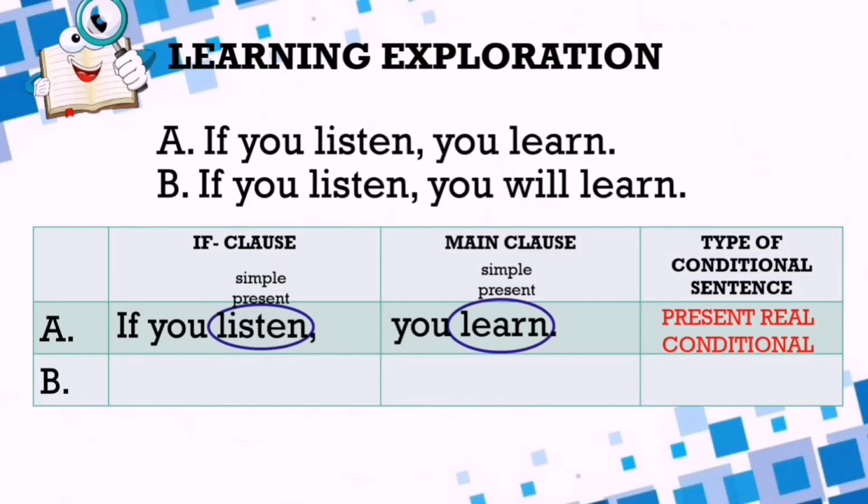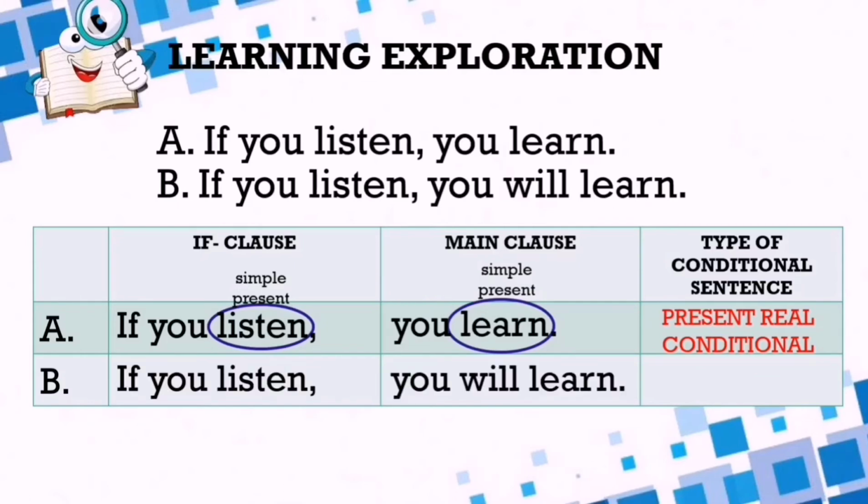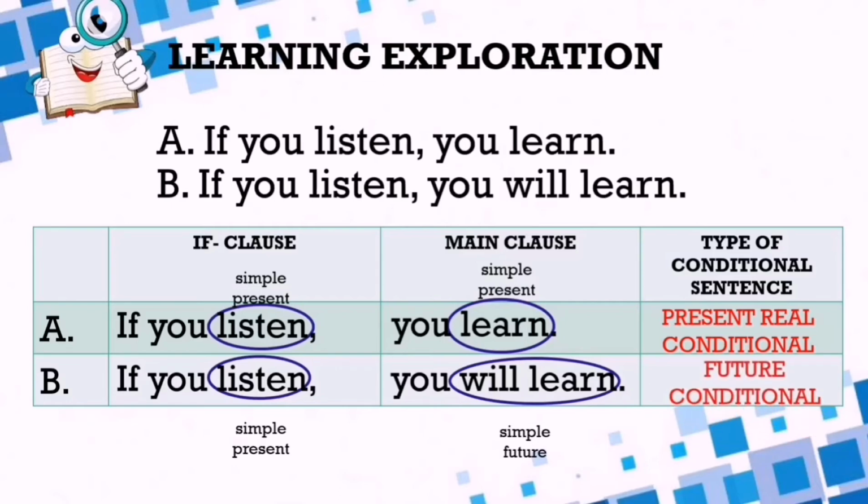For sentence B, the if clause is if you listen, and the main clause is you will learn. The verb listen is simple present, and the verb will learn is simple future. The pattern used in this sentence is simple present and simple future. So this is an example of future conditional.